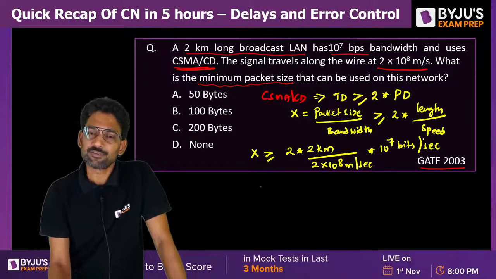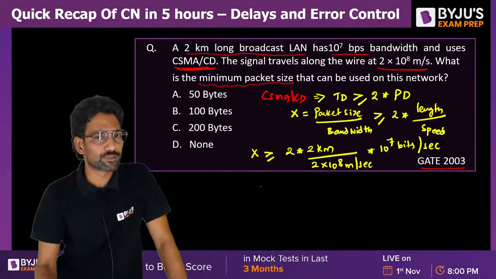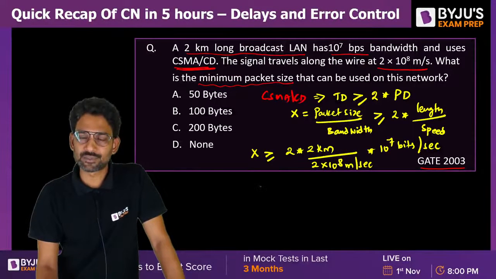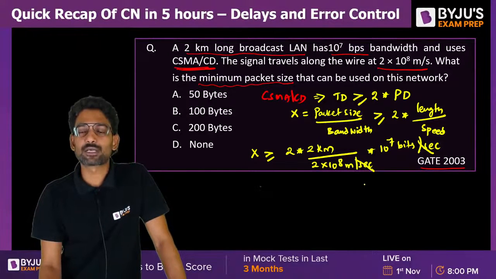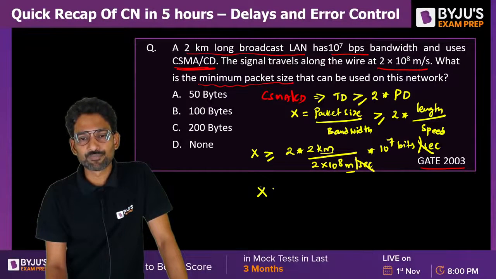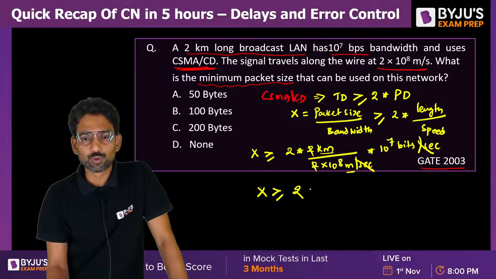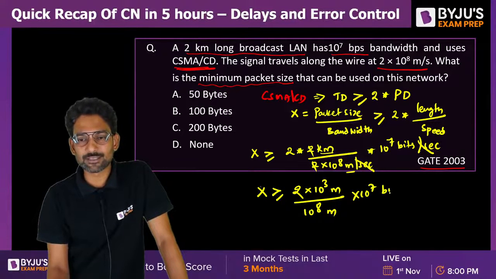So guys, when you are substituting, I always suggest please make a note of the units. Along with units you substitute so that you don't forget anything. So per second got cancelled. It is in kilometer, it is in meter. So x should be greater than or equal to 2 into 10 cube meter by 10 power 8 meter into 10 power 7 bits.